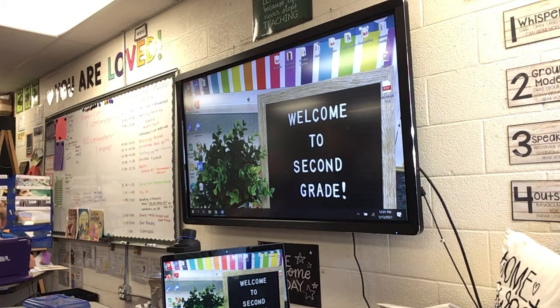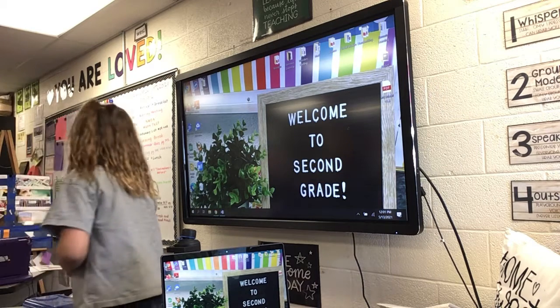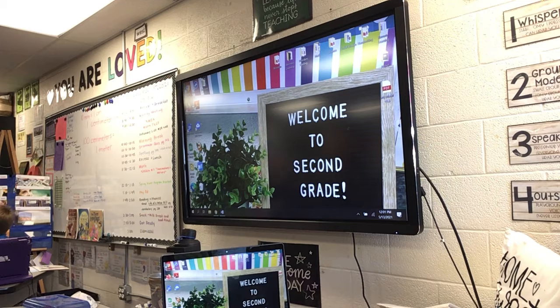Look at Mrs. Murphy's second grade door. What do you guys think? Pretty close. Almost exactly. The handle is almost perfect. Oh, are you talking about centimeters, Brooklyn? Okay, we're on to meters though.